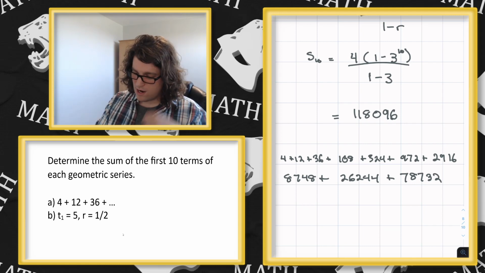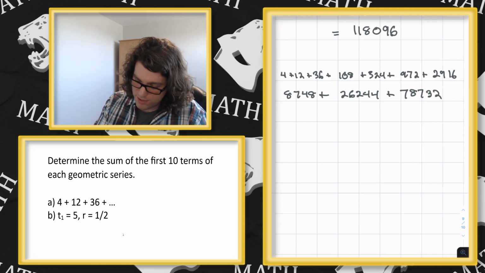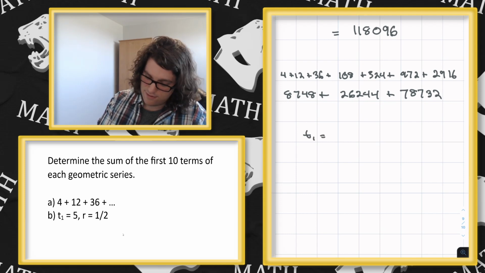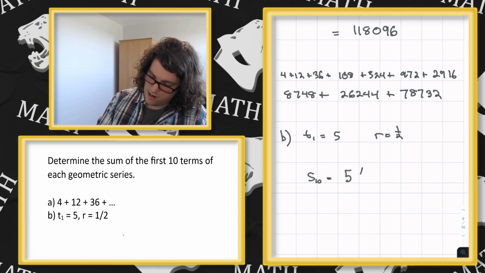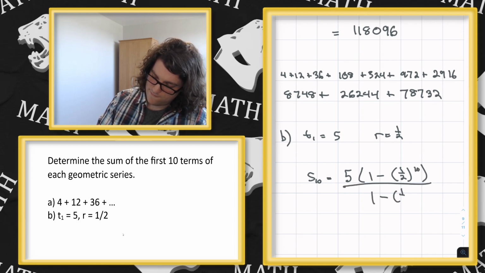All right, so I will do B as well. This one is kind of funny because they just give us T1 and they give us r. So we just go ahead and do it. S10 is equal to T1 times 1 minus r to the n, which is 10, over 1 minus r.